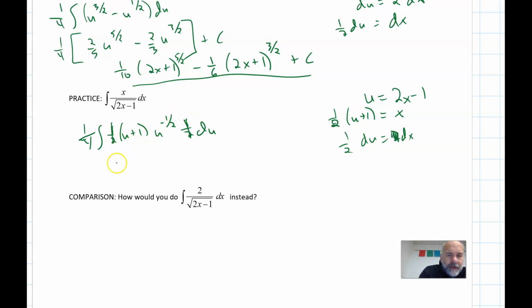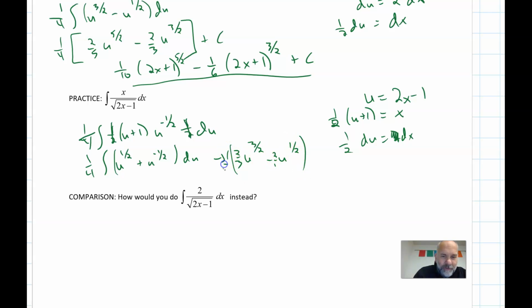So that'd be the integral of u to the 1/2 plus u to the negative 1/2. I haven't integrated it yet, du. So it's going to be u to the 3/2 with a 2/3, took me a second, minus u to the 1/2 with a 2/1, with a 1/4, plus c.